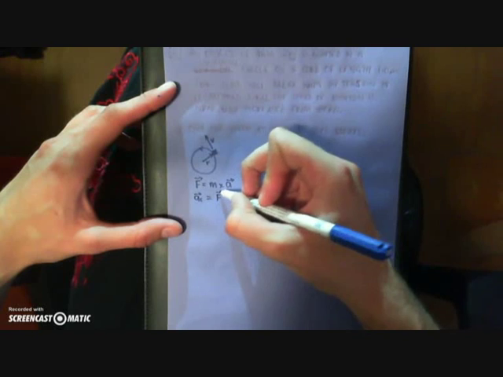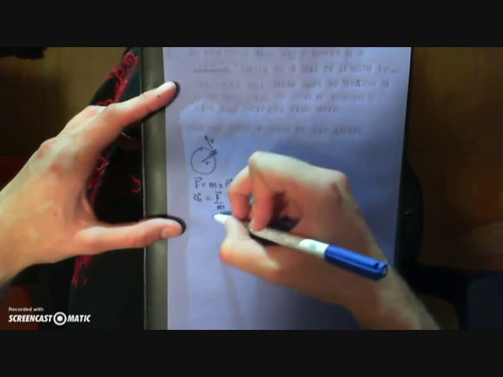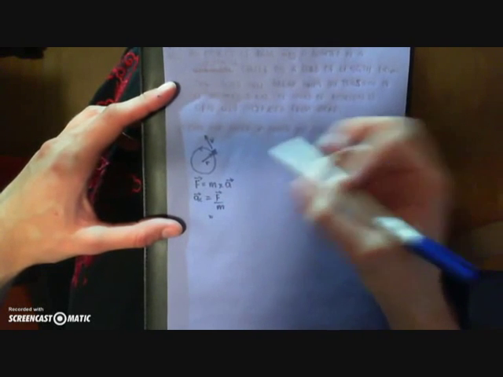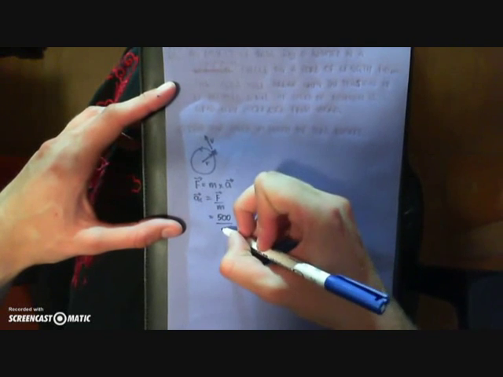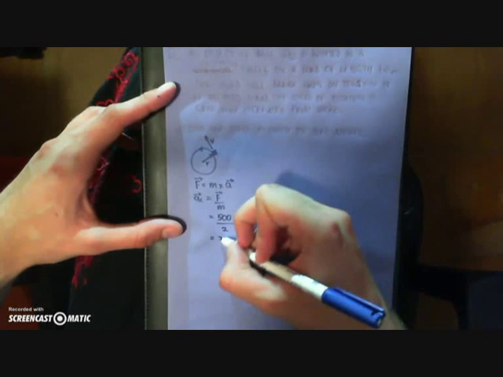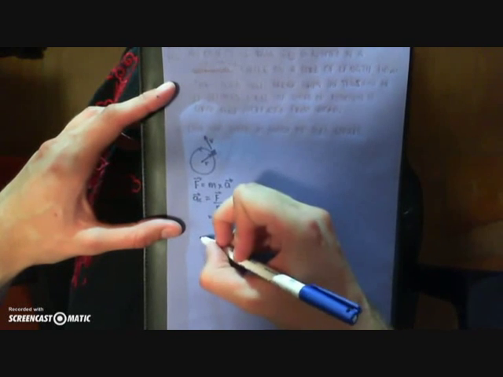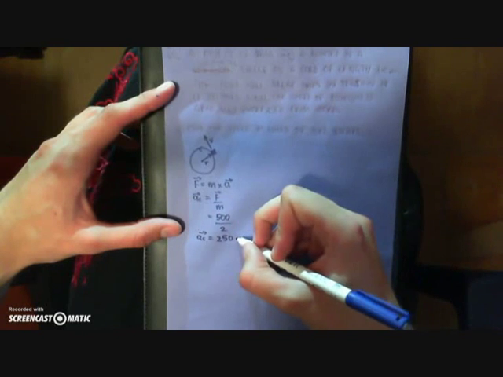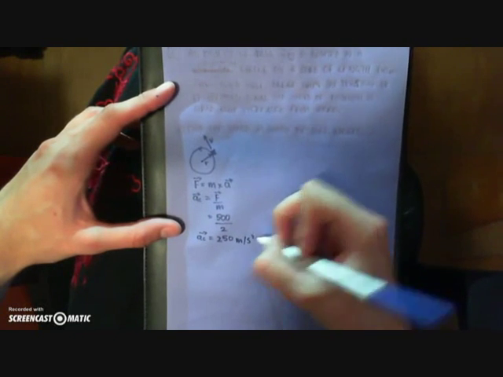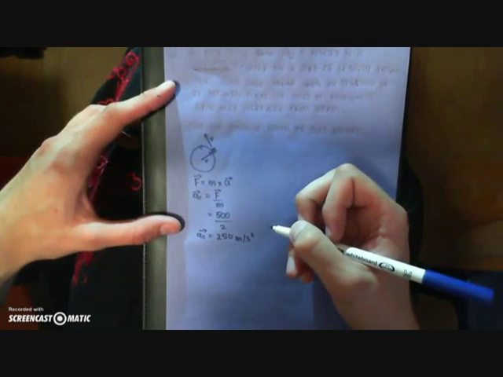So acceleration equals force divided by mass. Now, we know the force is 500 newtons, and the mass is 2 kilograms. So we get an acceleration equal to 250 standard units, meters per second squared.